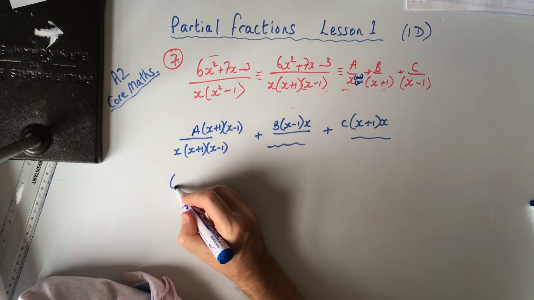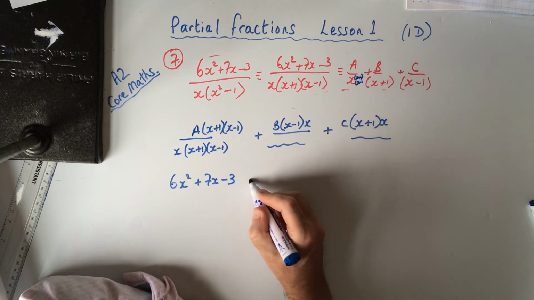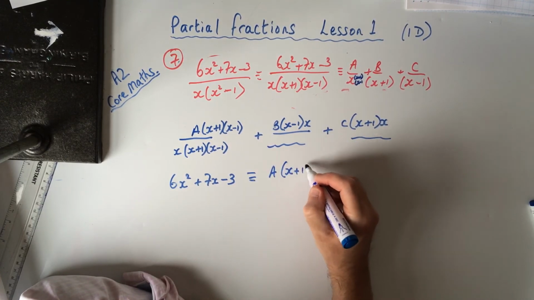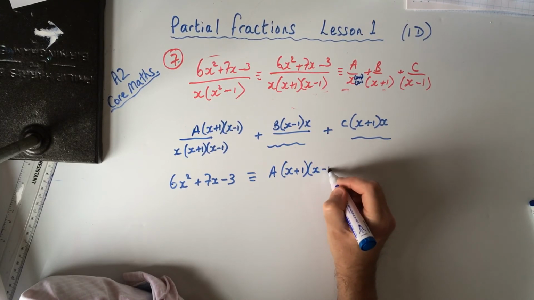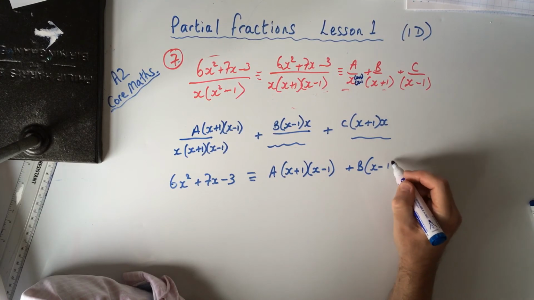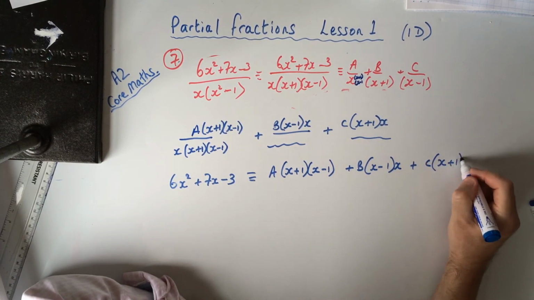So you end up with 6x squared plus 7x minus 3 is equivalent to a times x plus 1 x minus 1 plus b times x minus 1 x plus c times x plus 1 x.